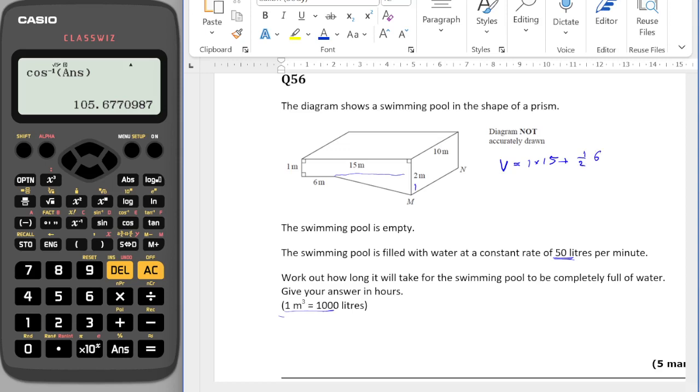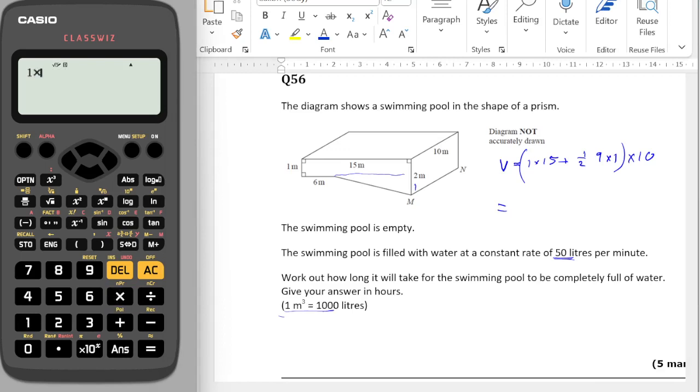No, it wouldn't be 6. If that length is 15 and that length is 6, it would be 9 times 1. And then I would need to times that by the 10. So let's give that a go. 1 times 15 plus 0.5 times 9 gives me the value, and then times that by 10.